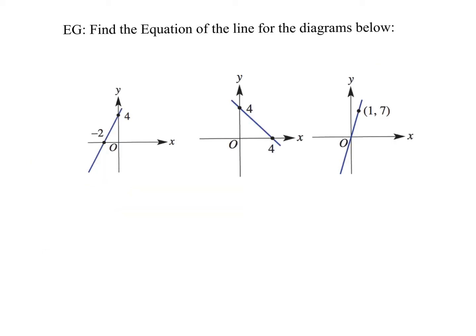All right, so it's asking me up here to find the equation of the line for the diagram. You can see that they're all straight lines. So as soon as they say you've got to find the equation, you know it's going to be this pattern where we're going to have y equals something like that.